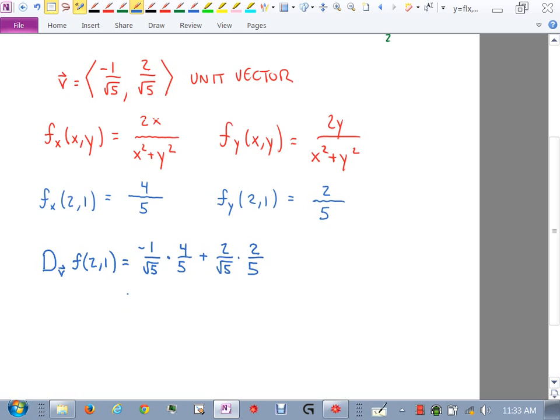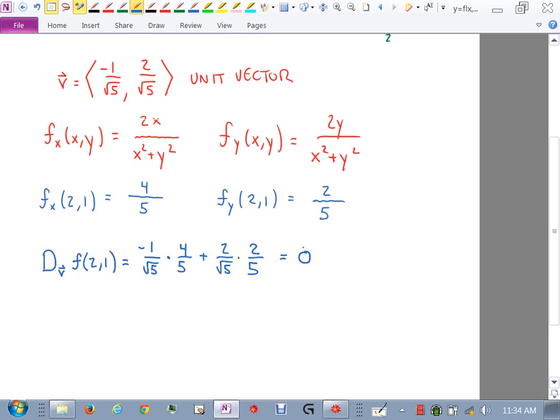What is this? What is it? -4 over 5√5 plus 4 over 5√5, which is 0. It's 0.